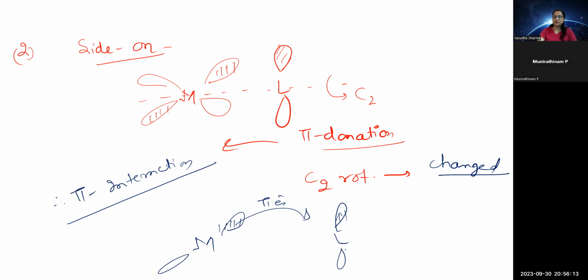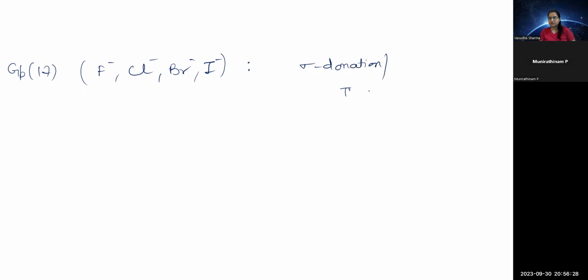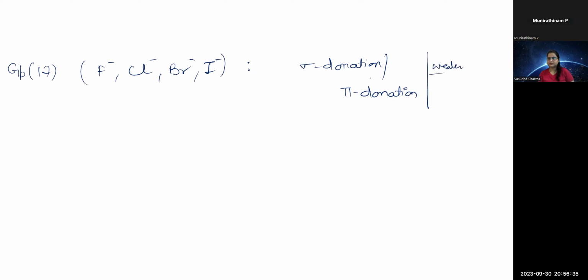So what are the groups that are involved in this? If we have group 17, that means chlorine, fluorine, bromine, iodine, they are only involved in sigma donation and pi donation. So they are the weakest ligands, right?